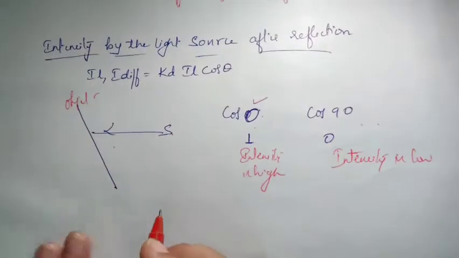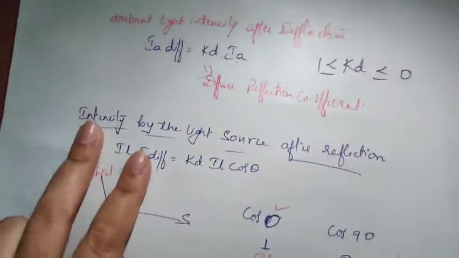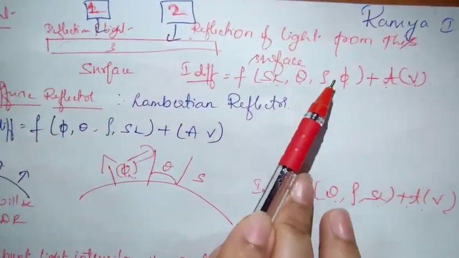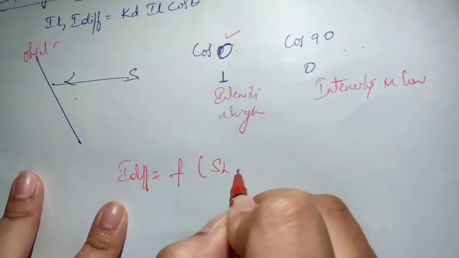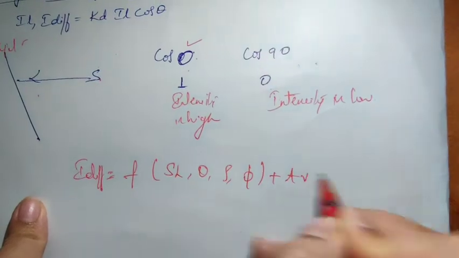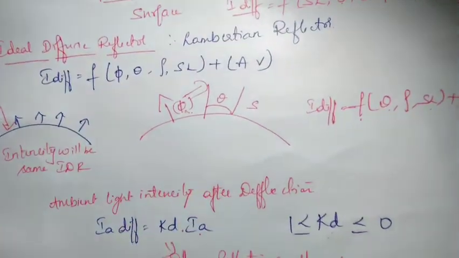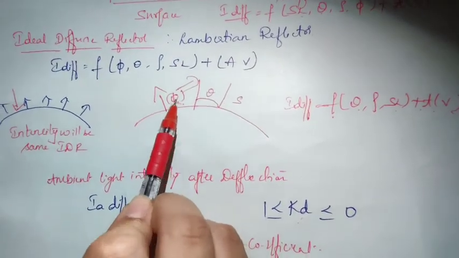So what are the formulas we have got till now? The first formula for diffuse intensity is a function of SL, theta, rho, pi plus ambient light. I'll write the same thing. Next, for the ideal diffuse reflector, we neglect this value.